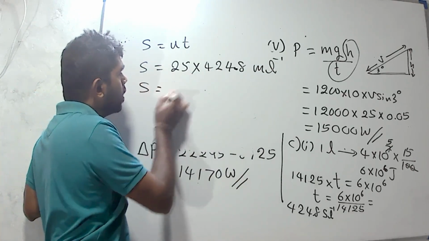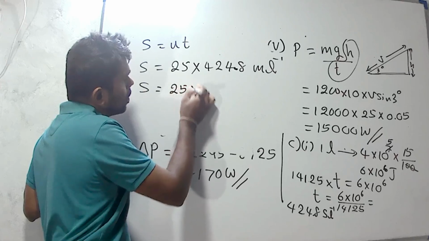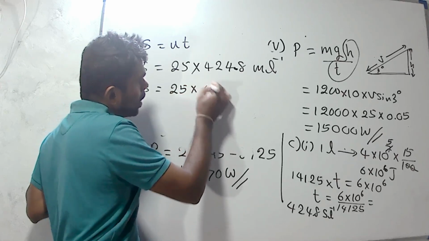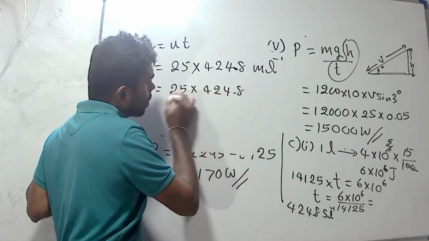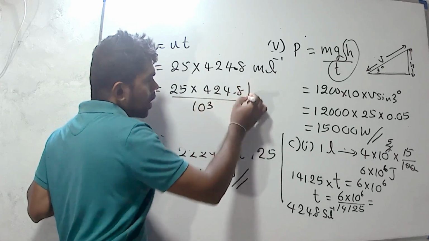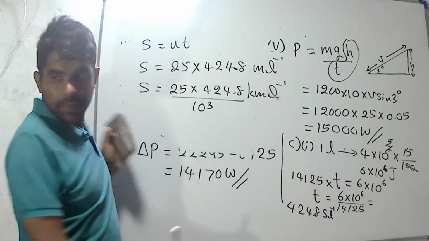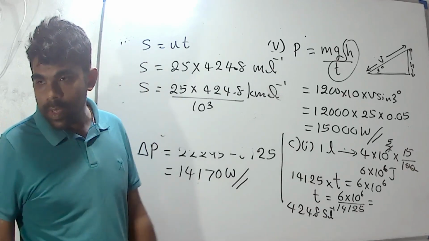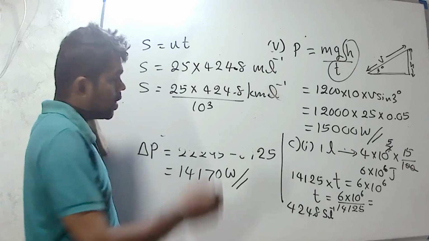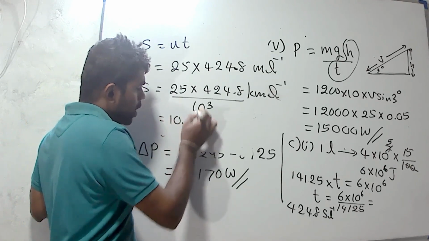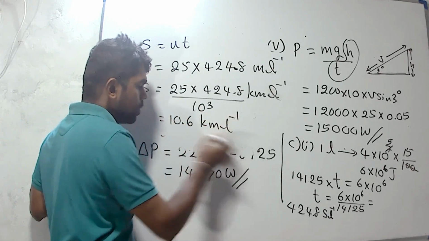Therefore, I will divide it by 10 to the power 3. Then we can obtain the answer 10.6 kilometers per liter.